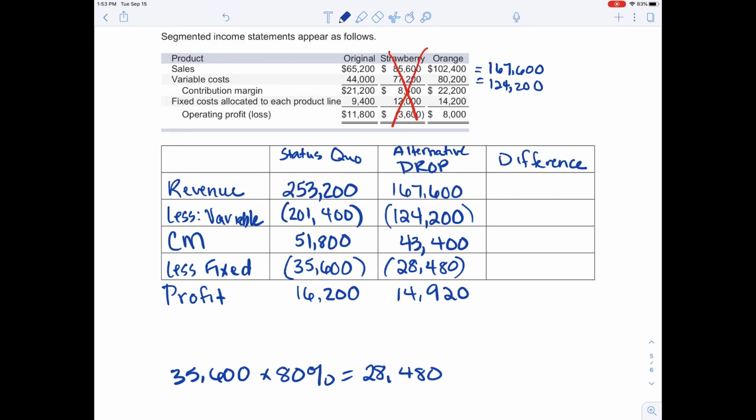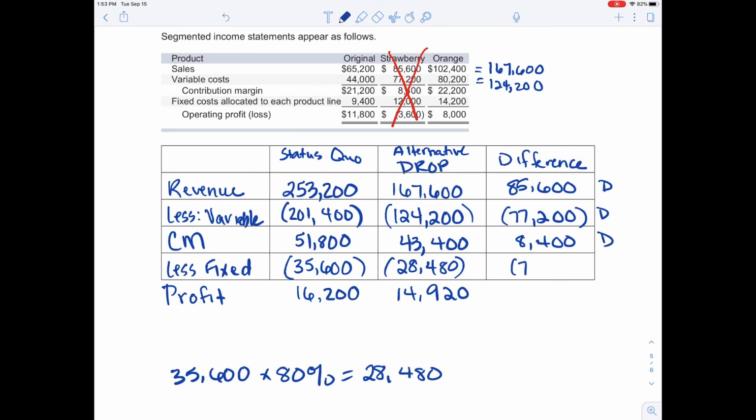So now let's look at the differences. The difference here, we're just taking the status quo, subtracting the alternative, and I would get 85,600. This is going to be a decrease. 77,200, which is going to be a decrease. 8,400, also going to be a decrease.